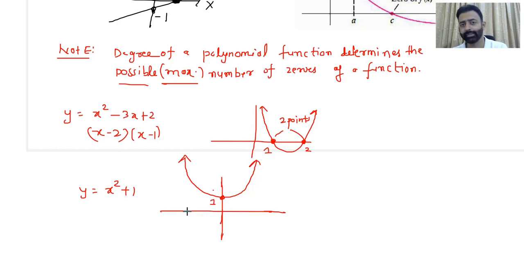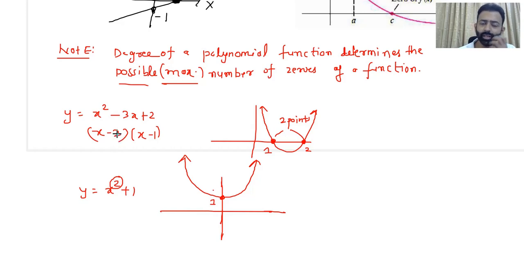It will never intersect the x-axis, and if it never intersects the x-axis, it will not have any roots, though the degree is 2. That's why it is not always necessary that for a quadratic function you always get 2 zeros. These are the maximum number of zeros. We will talk later on sometimes.